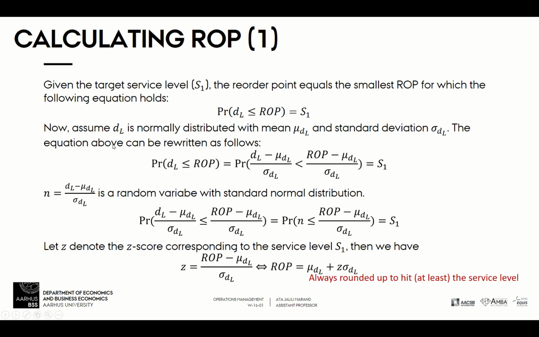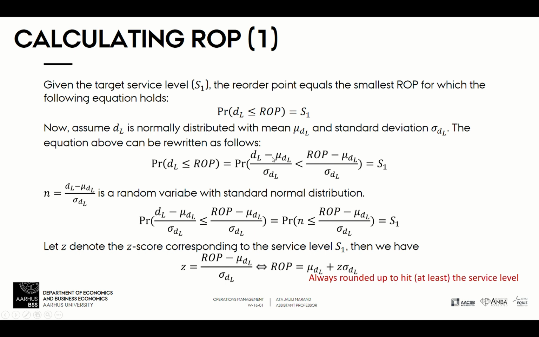Moreover, we will assume that DL, the demand during lead time, is normally distributed with mean mu DL and standard deviation sigma DL. So the left hand side, the probability of having no shortages at the end of the cycle, can be written as you can see here, this expression.